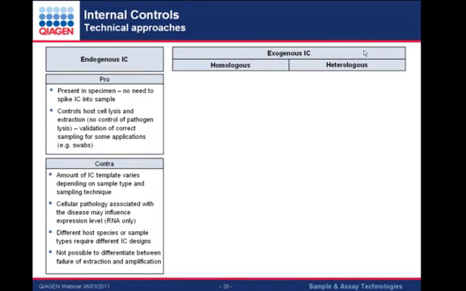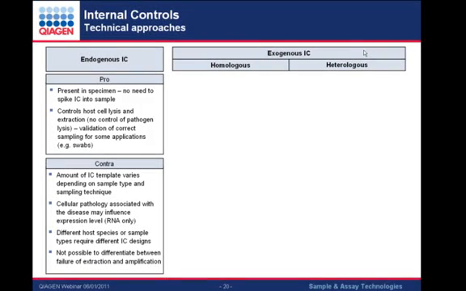A disadvantage of this approach is that the starting amount of the IC template can be highly variable depending on sample type and on sampling technique. In case of viral RNA applications, a higher starting amount can also be due to enhanced expression levels of the internal control due to disease-related cellular pathology. Now, a very high starting amount of an endogenous IC template can impair the assay sensitivity for detection of the target.